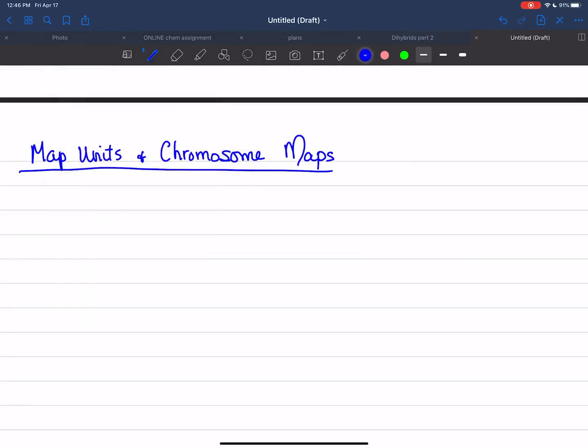So this system was devised. There was a system of map units. We're going to call them MUs.